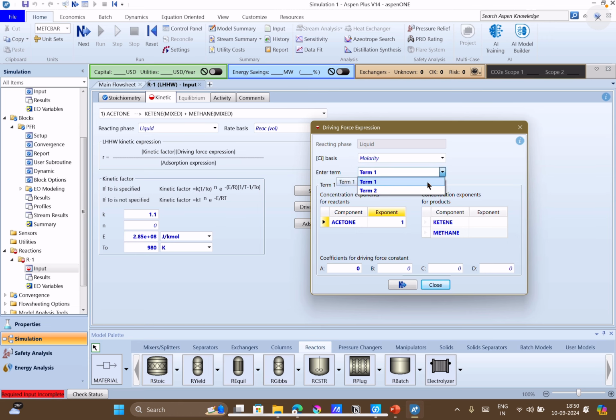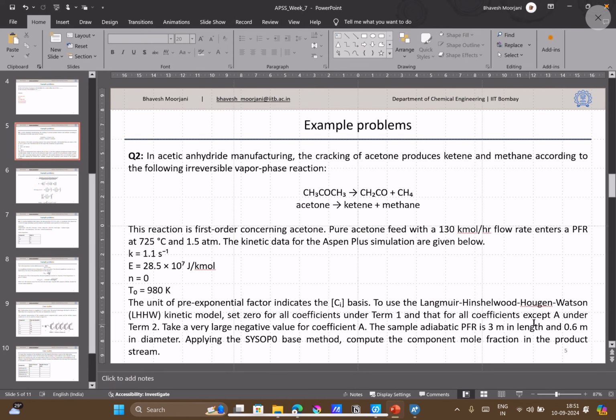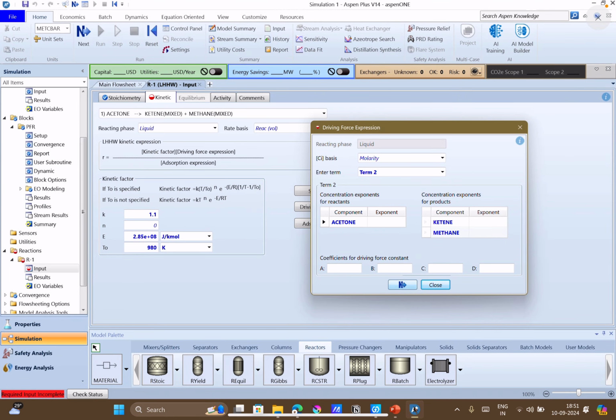And for term 2, we have to set all coefficients 0 except A, and for A we have to take a very large negative value. Now why are these specific conditions given? Because this is the way the calculation of this reaction kinetic works.